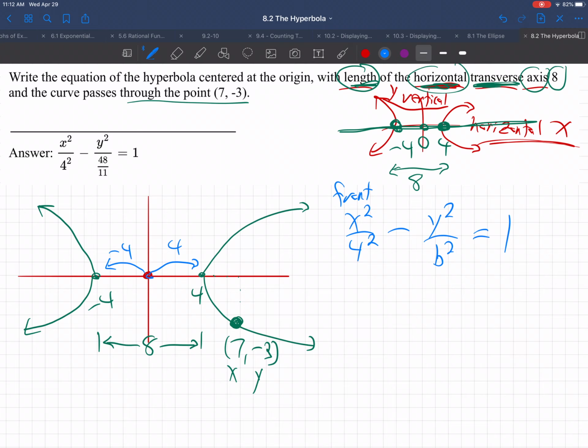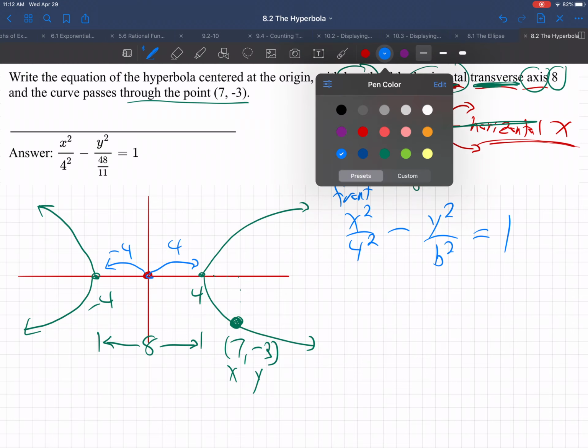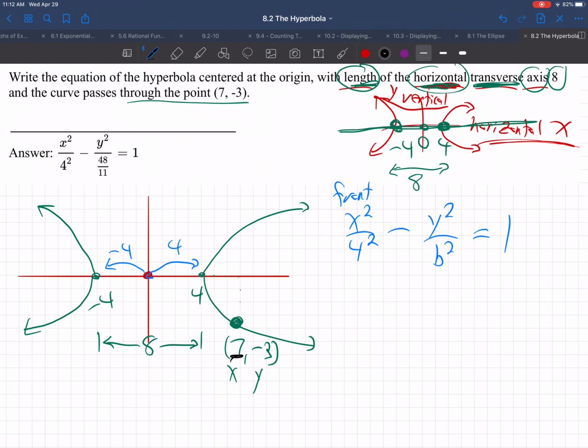Okay, and now, what are we going to do from here? We're going to take this x and this y and plug them in. Plug in x there, plug in y there, because it's a point on the graph. All the millions of points on these graphs make the equation true.